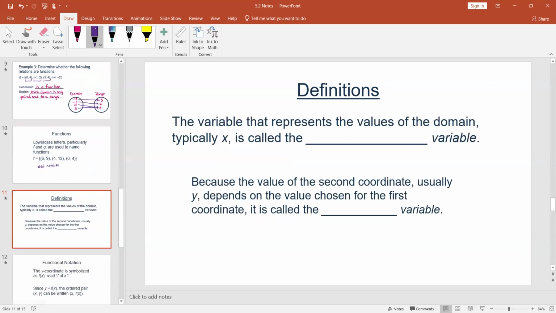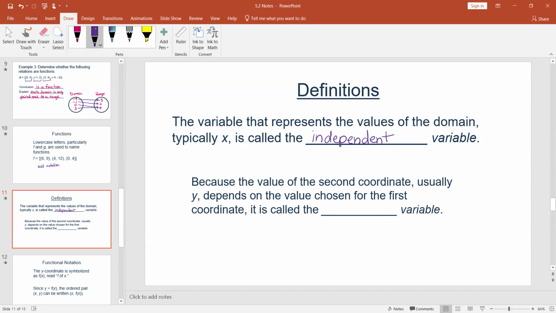All right, so I've already referenced this a couple of times, but just so you have it in your notes, the variable that represents the values of the domain, that's typically your x, it's always the first number or symbol that you've got in the ordered pairs. This is called the independent variable.